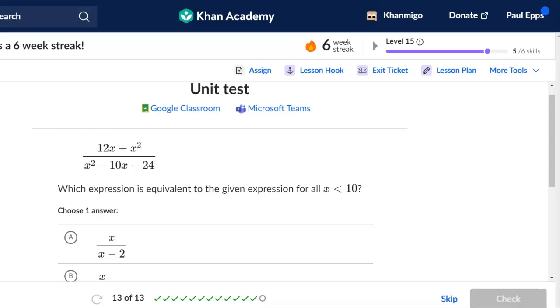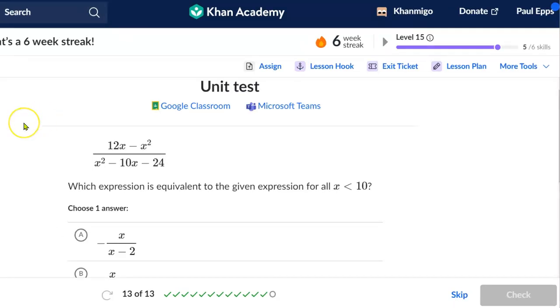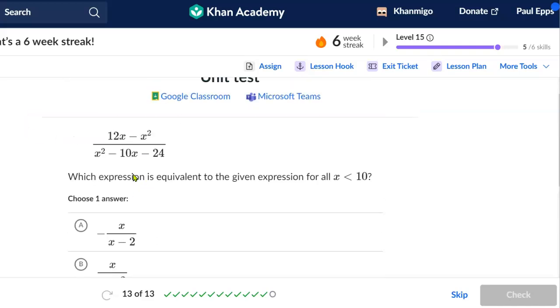All right. Which expression is equivalent to the given expression for all x less than 10? Okay, well, it looks like we need to factor it.